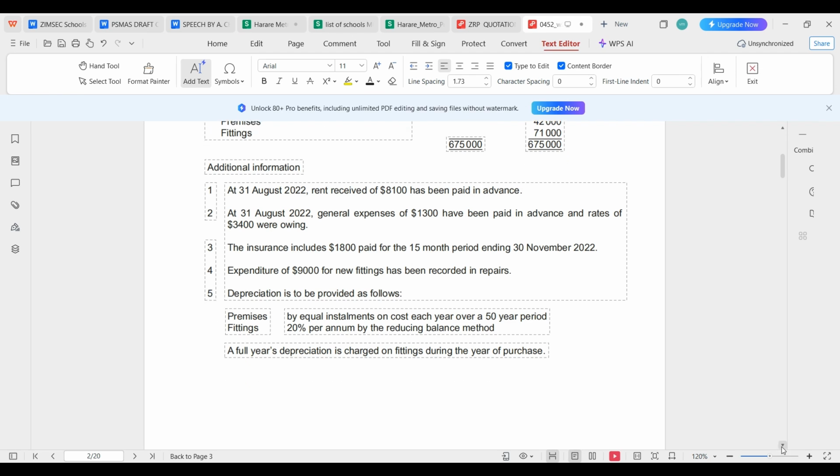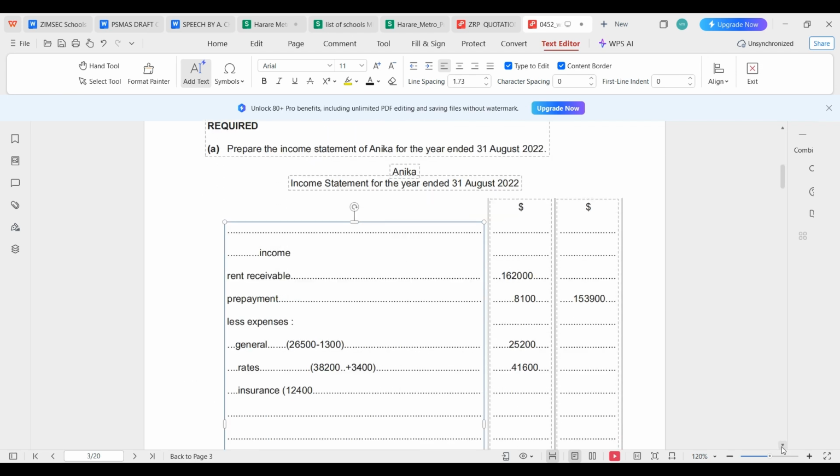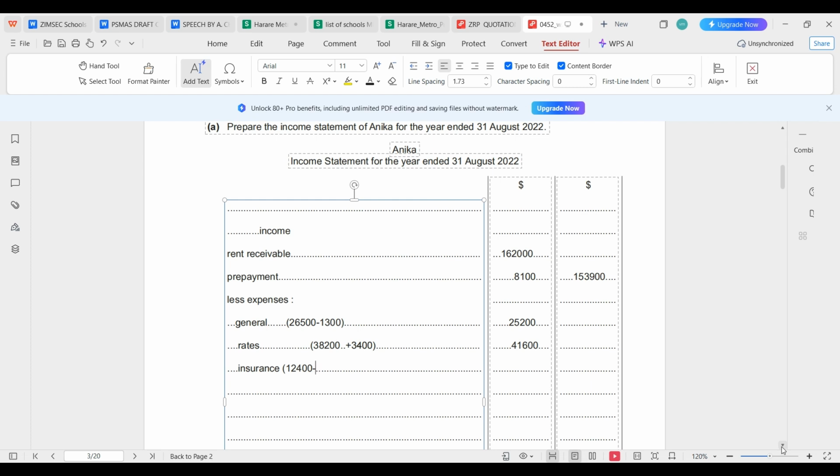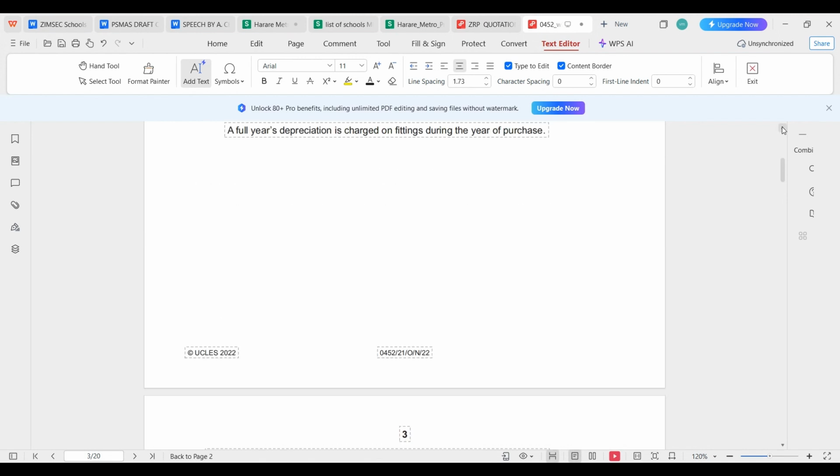So we have to go back again and subtract the 360. If you say 12,400 minus 360, it will give you 12,040. So that is how much goes to your income statement. So 12,040, and then we look again for other expenses besides insurance.